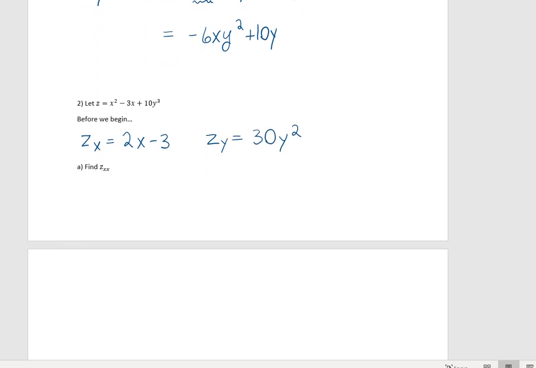Now, what does z sub xx mean? What that means is that you're going to find the derivative with respect to x first, and then take the derivative of that function again with respect to x again. So the derivative of this guy would be just 2.